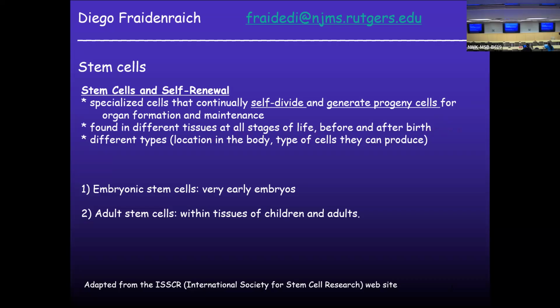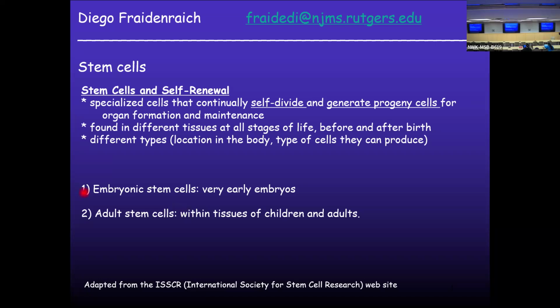The cells vary in their properties depending on where they have been born, or they are located. So the stages of life, before and after birth, there are different types depending on the location of the body. A mesenchymal stem cell will not be prone to make hematopoietic cell, and a hematopoietic cell will not be prone to make cartilage, for example.